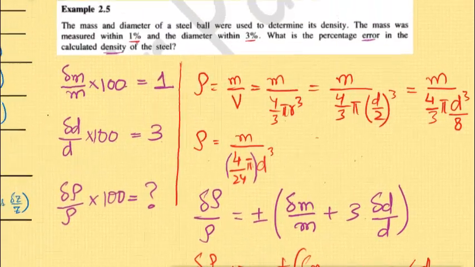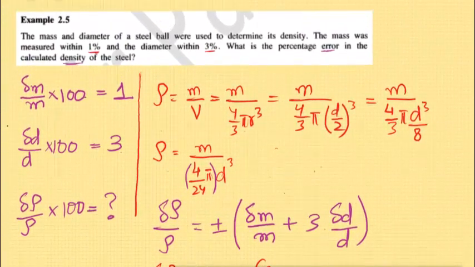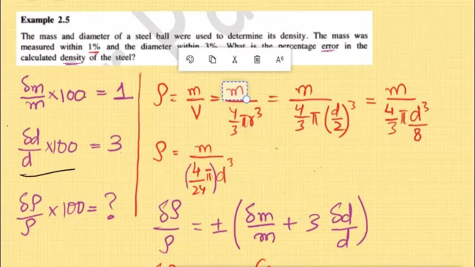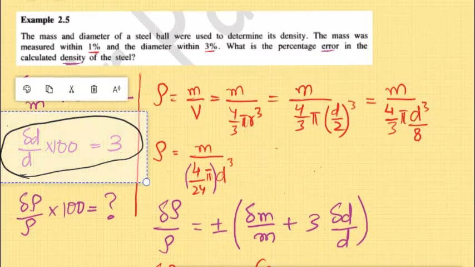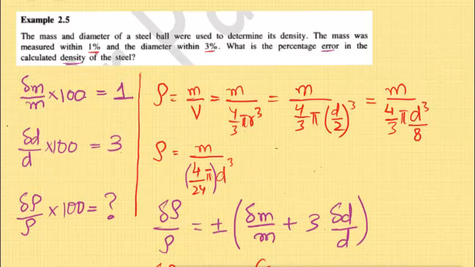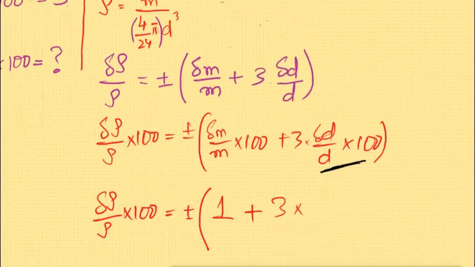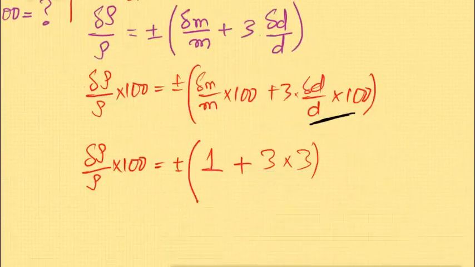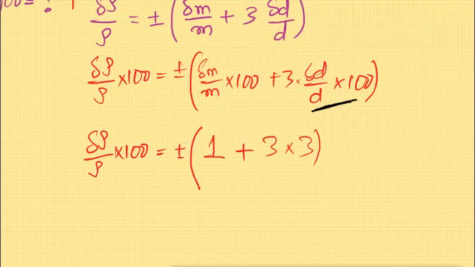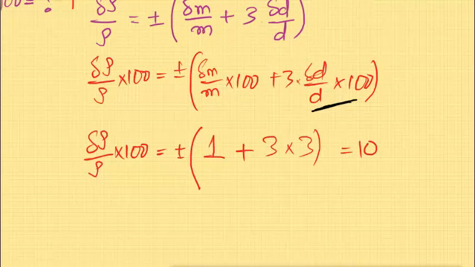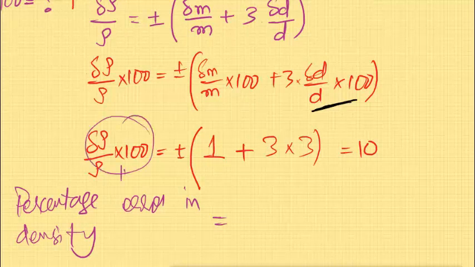We know this has been given in the question, and this is 3%. So I am going to write 3 in place of the percentage error of d, and now you can see 3 times 3 is 9, plus 1 is 10. So I can say that the percentage error in density is 10%.